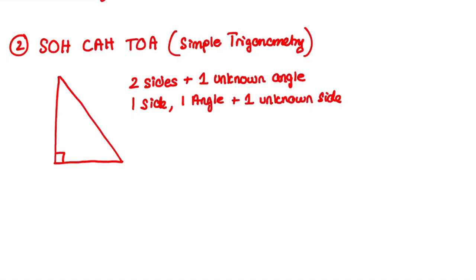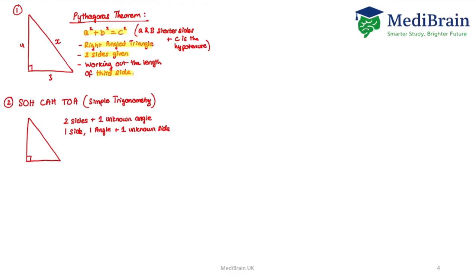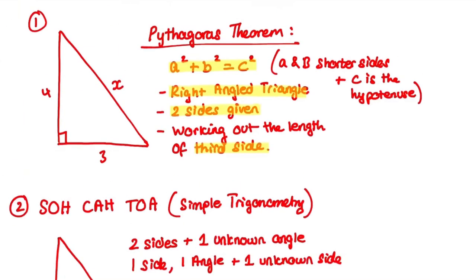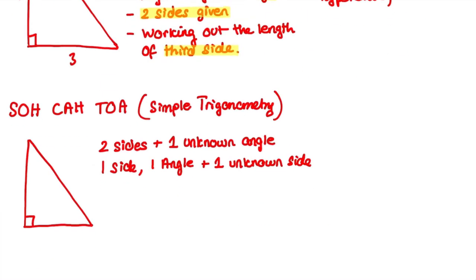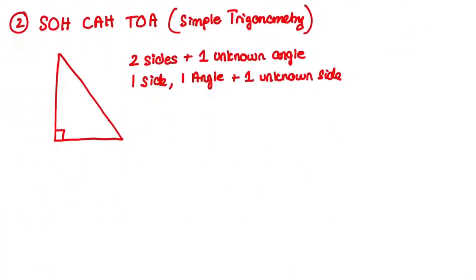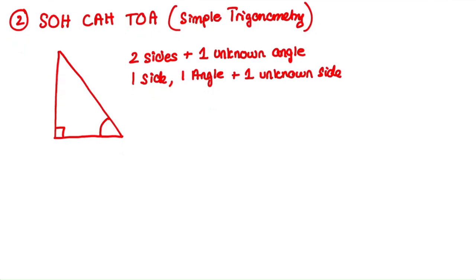Normally you would know that it's a SOHCAHTOA question if you're given an angle, because in Pythagoras' theorem no angles are involved. In SOHCAHTOA there are angles involved, either two sides and one unknown angle, or one side, one angle, and one unknown side.